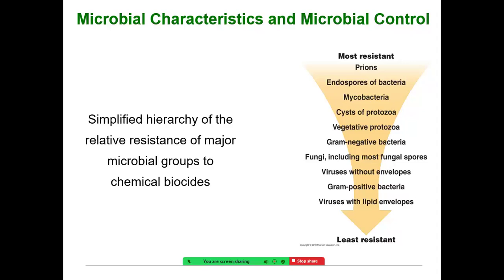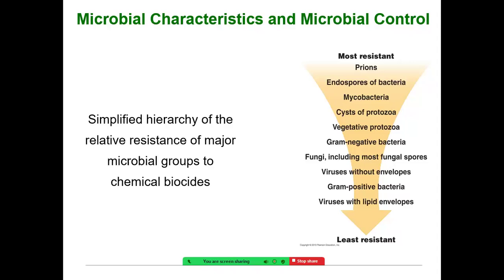There are some detergents that cannot get through the outer membrane of the cell wall. And so the gram-negative cells tend to be more resistant than the gram-positive bacteria because the detergent can get right in the gram-positive bacteria and then damage the cell.